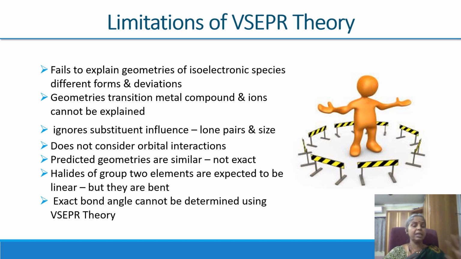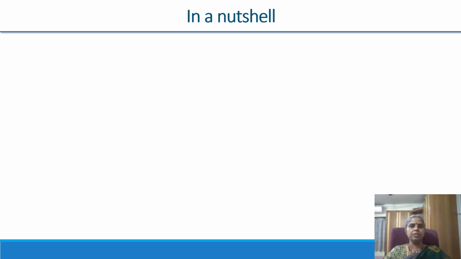Exact bond angles cannot be determined, only qualitative prediction. You cannot say that this deviation will be 4.5 degrees. It helps you to predict the approximate values, but exact bond angles cannot be predicted by the VSEPR theory. These are the limitations of the VSEPR theory.